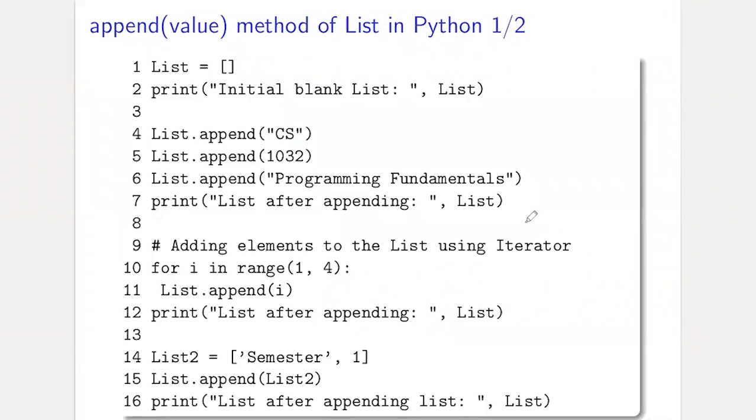Now I can use the iterator for adding also. I will in this case use a loop control variable I and use the range function and specify the range as 1 to 4, and now I will append to the list. What I'm going to append are the integer values. As the list is a heterogeneous data structure, we can have strings and integers and any other type.